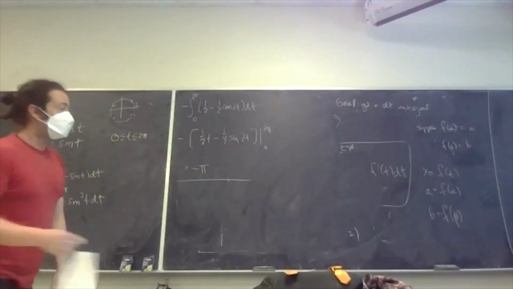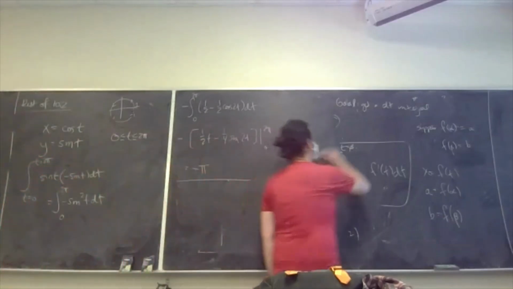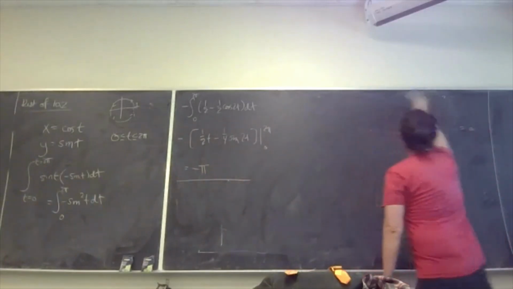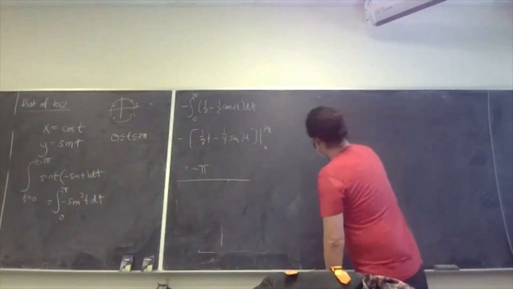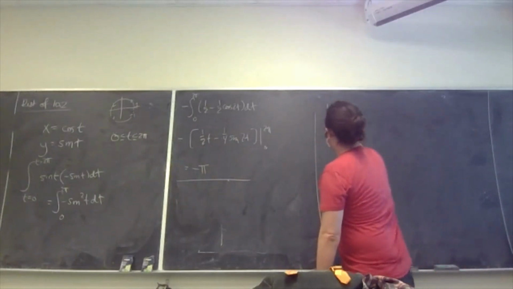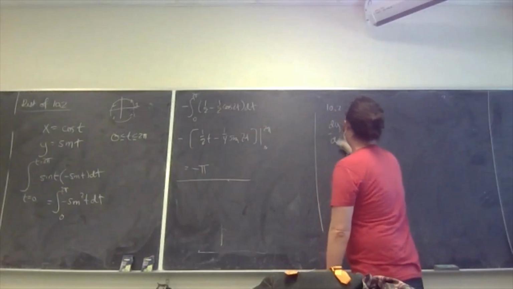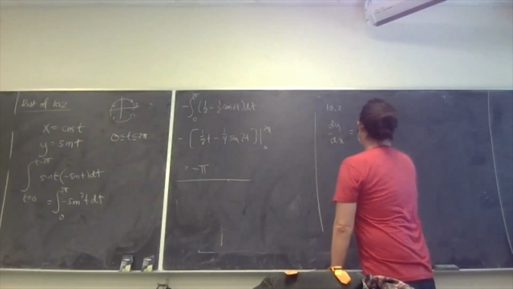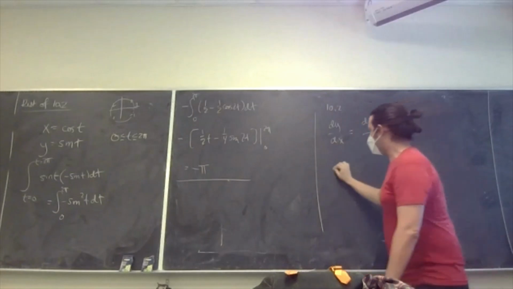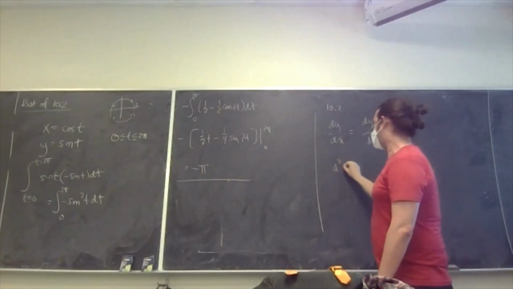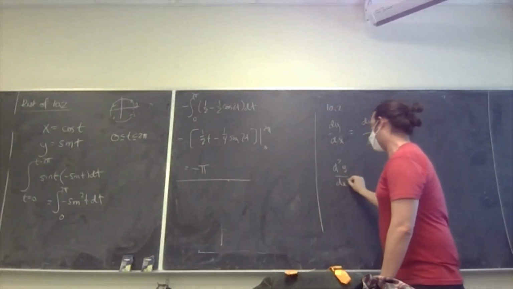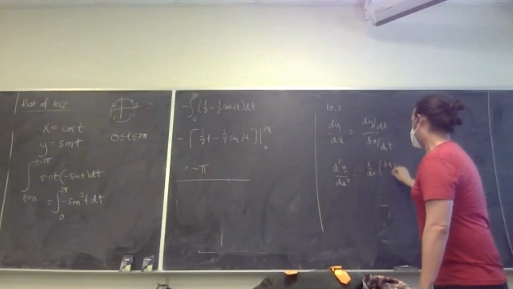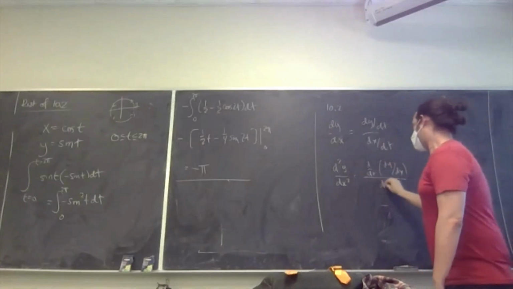Those are not difficult, but they do require you to remember things. So let's pile up what we know so far. What do we need to know in 10.2? The ideas of calculus. dy/dx was equal to dy/dt divided by dx/dt. I'm sure everybody remembers already that d2y over dx squared, the second derivative, is d by dt of dy/dx divided by dx/dt.